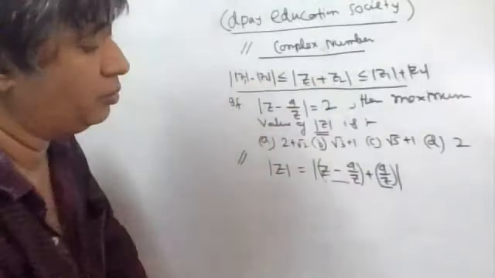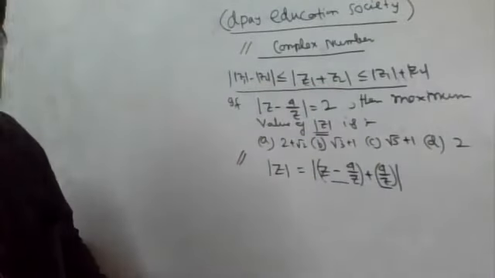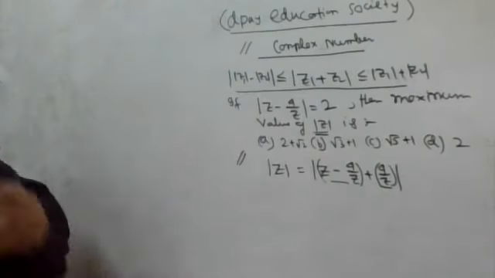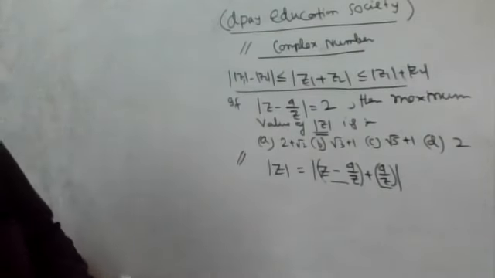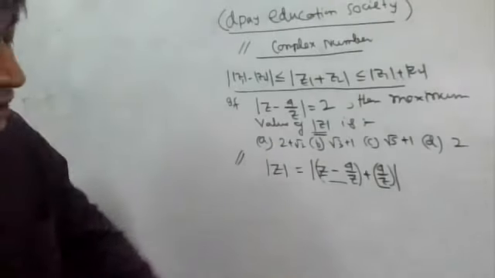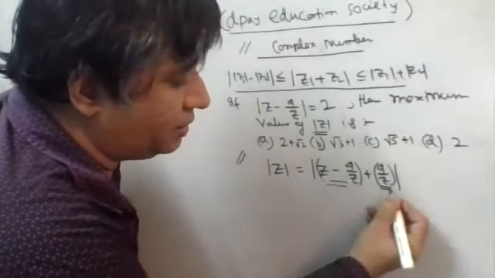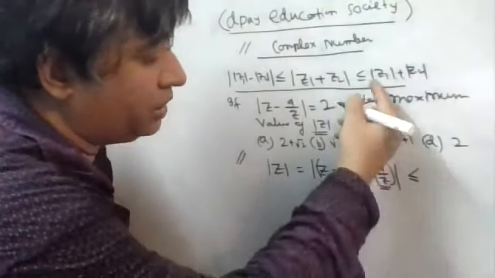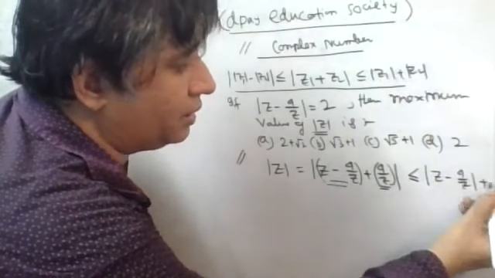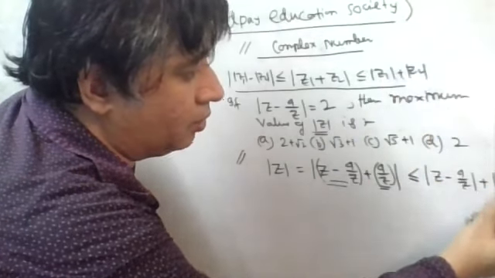This property I can use: mod of (z1 plus z2), considering this as z1 and this as z2, is less than or equal to mod of (z minus 4 by z) plus mod of 4 by z.